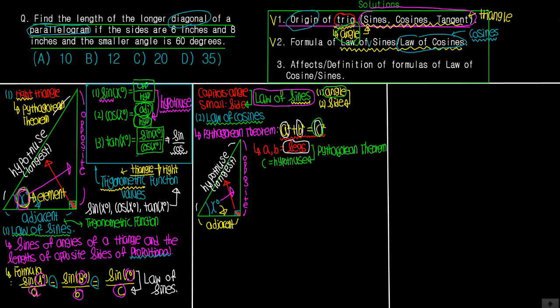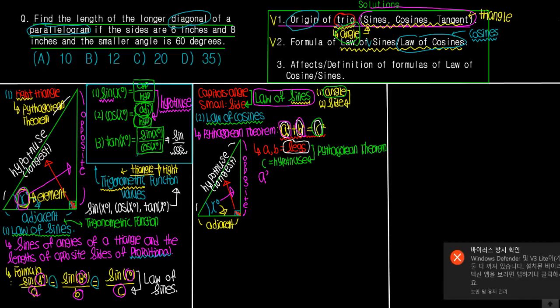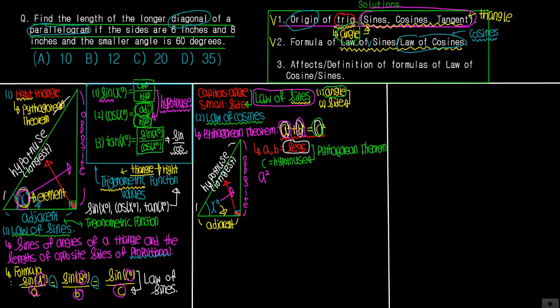The Pythagorean theorem means the addition of the two squares of our legs, a squared plus b squared, and that should always be equal to c squared.